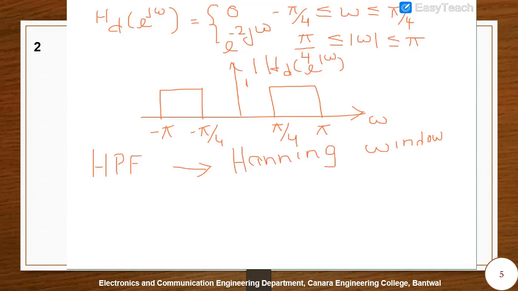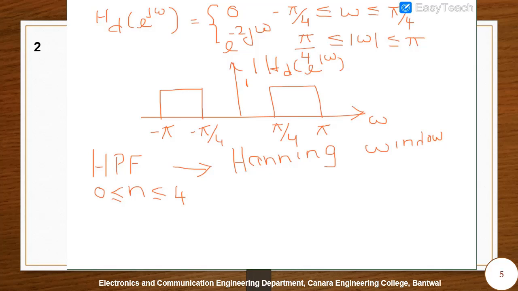And they have given one more information, that n value varies from 0 to 4, because n equal to 5. There are 5 samples. So therefore n value will vary from 0 to 4.